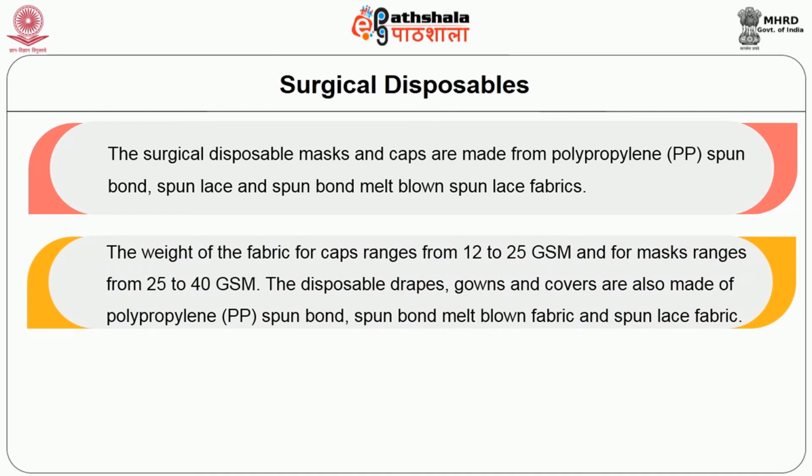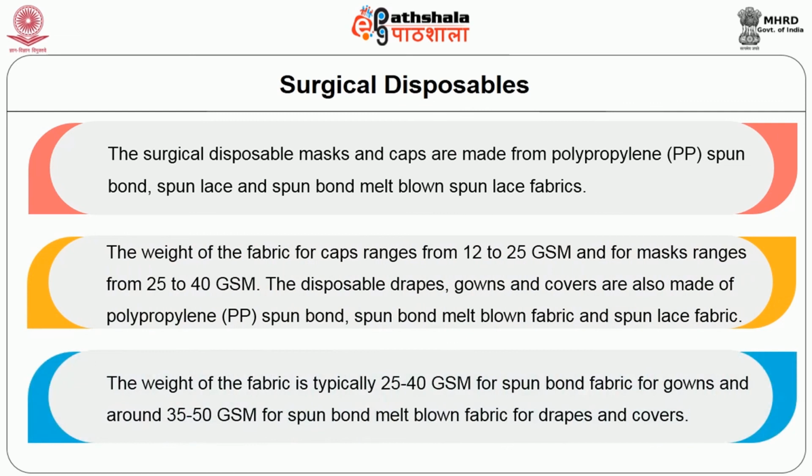The weight of these fabrics for caps ranges from 12 to 25 GSM, for masks 25 to 40 GSM. The disposable drapes, gowns and covers are also made up of polypropylene, spun bond melt blown fabrics and spun laced fabrics. The weight of these fabrics typically ranges from 25 to 40 GSM.